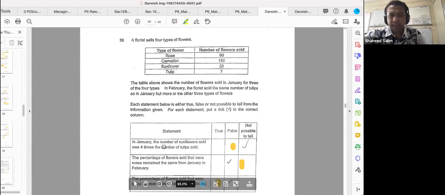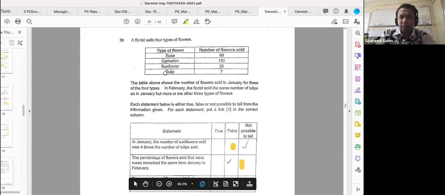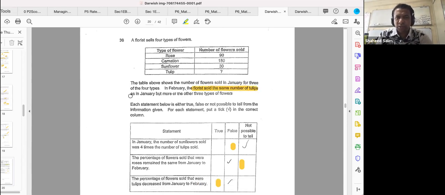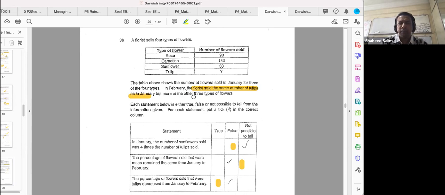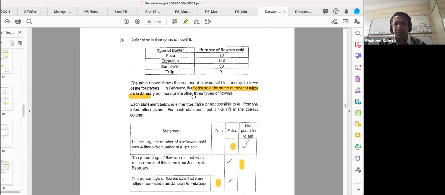They say false. Hold on. In February, the florist sold the same number of tulips as in January, but more of the other.